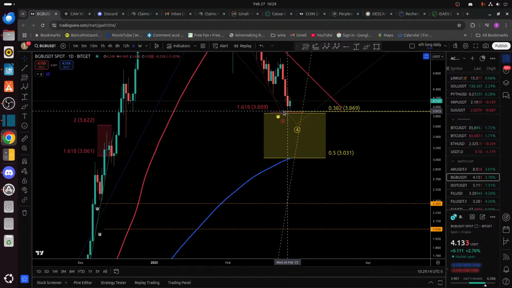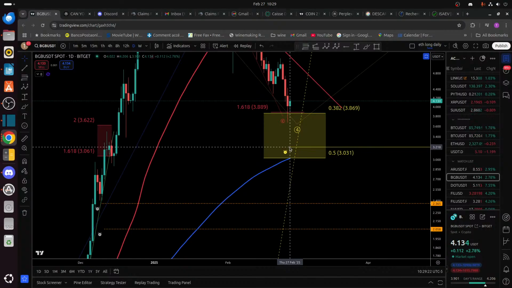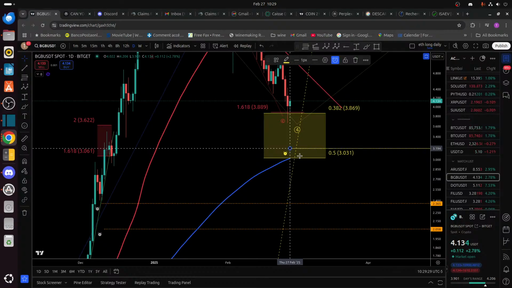In fact, let me change this alarm to maybe 320, something like that. So I think at 320, 319, I am a buyer for BGB.